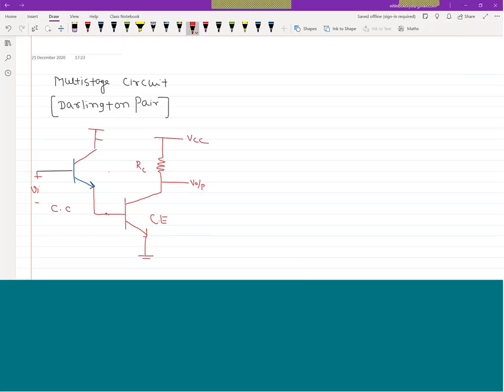So this is the kind of circuit having input at the collector terminal, common collector configuration, and taking output from common emitter. This type of circuit is known as Darlington pair circuit.